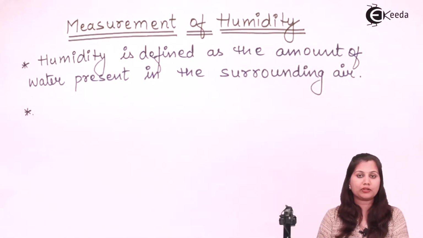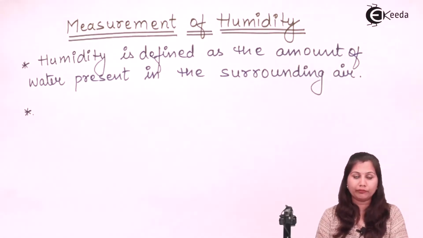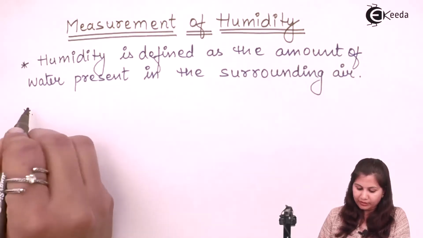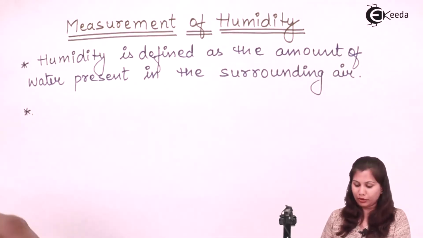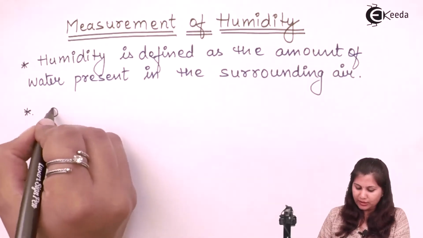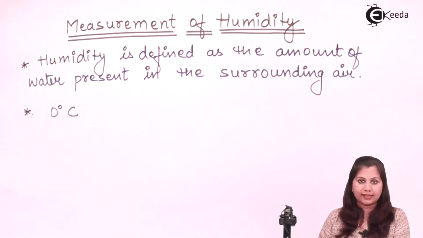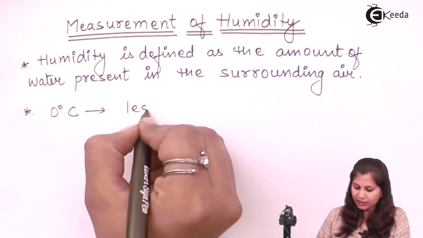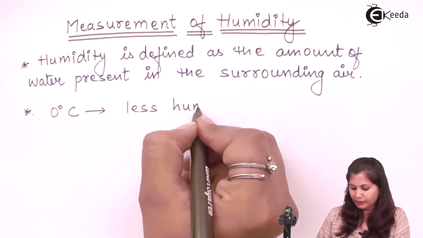Now, why is the measurement of humidity important for us? Because humidity plays an important role for humans also. Suppose the surrounding temperature is 0 degree Celsius, but the air has very less humidity.